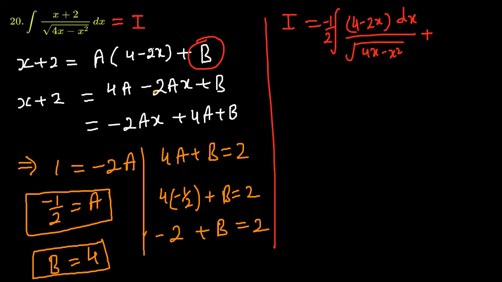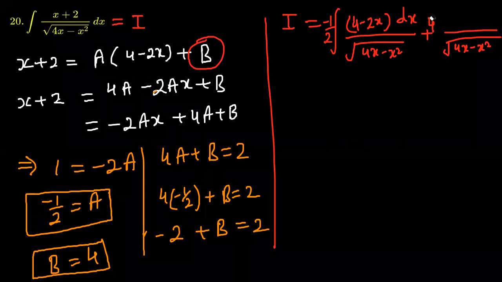So b by the denominator, b is 4. So I will write this also in the integration, 4 divided by the integration of 4x minus x squared. Of course, this 4 can be written outside the integral sign. So we are writing that outside here.